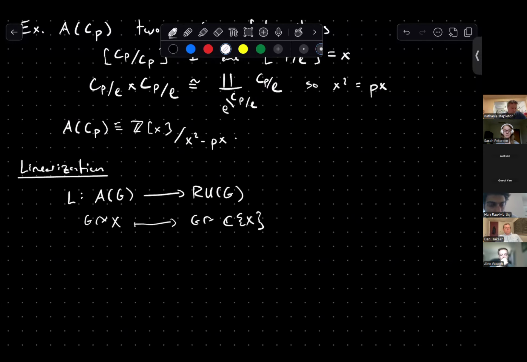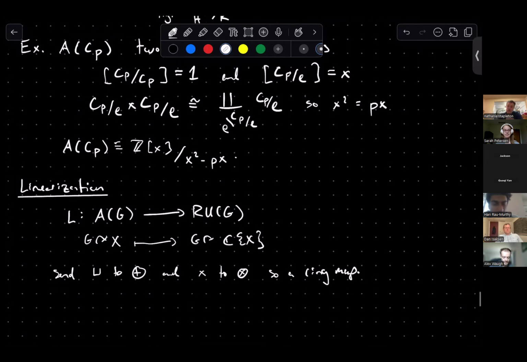And this sends coproduct to direct sum and product to tensor product. So this is a ring map. We know what the map from A of CP to RU of CP does because previously we calculated what the representation was that's C on CP mod E in the representation ring of CP.